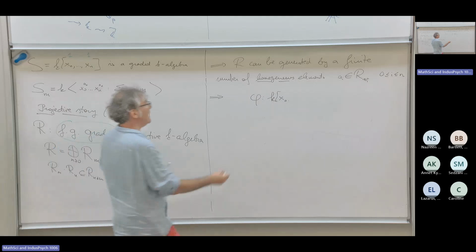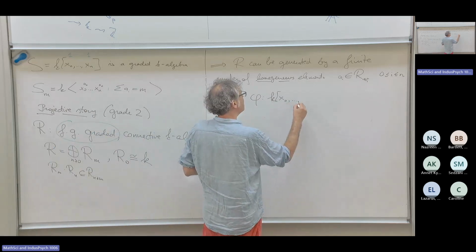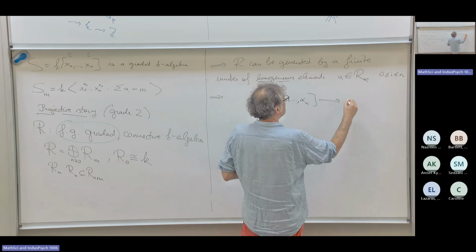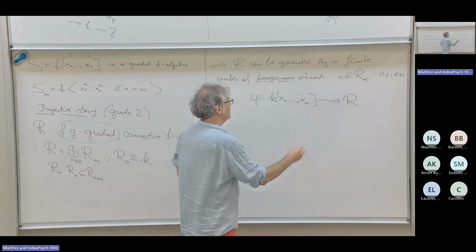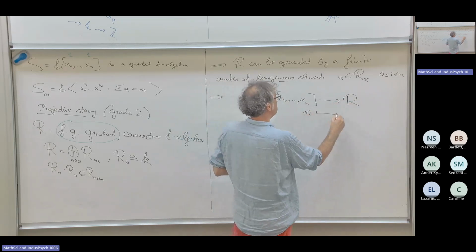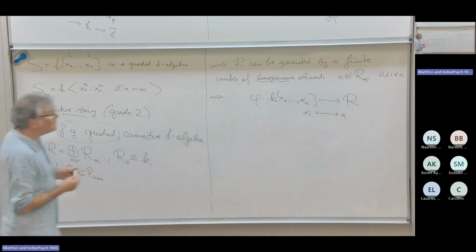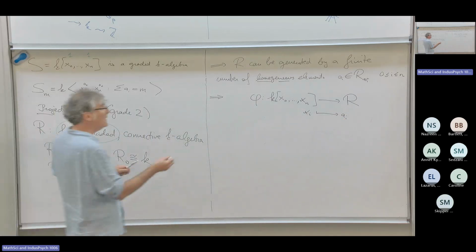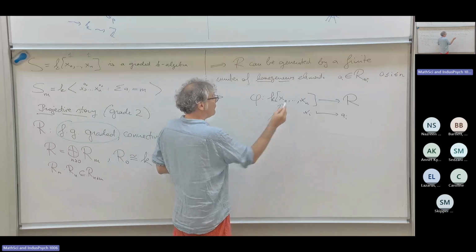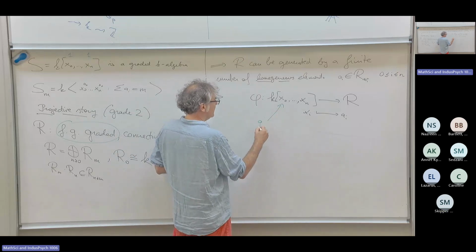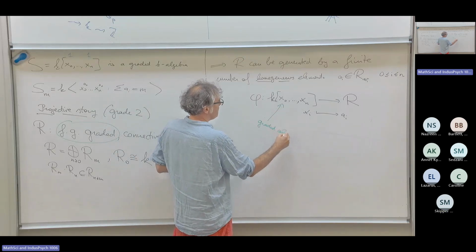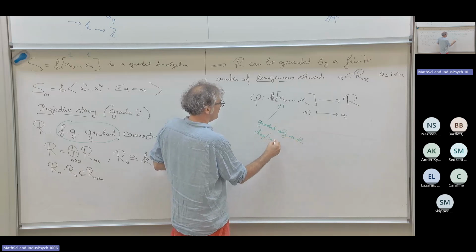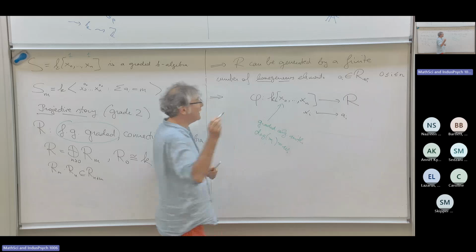I get a map from a free polynomial algebra to R, mapping xi to ai as before. But I want this to be a graded homomorphism, and this will only be a graded homomorphism if I give the polynomial algebra a grading, with the degree of xi being wi, some weights.